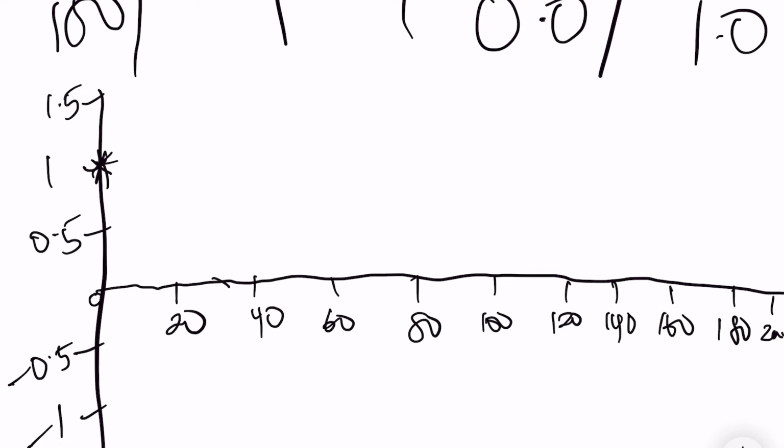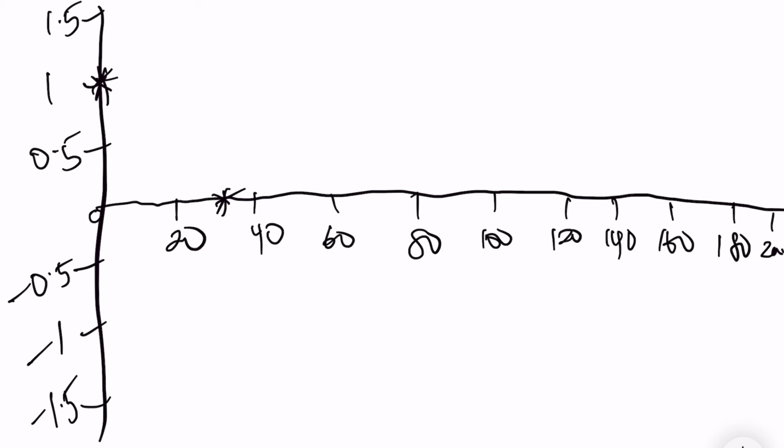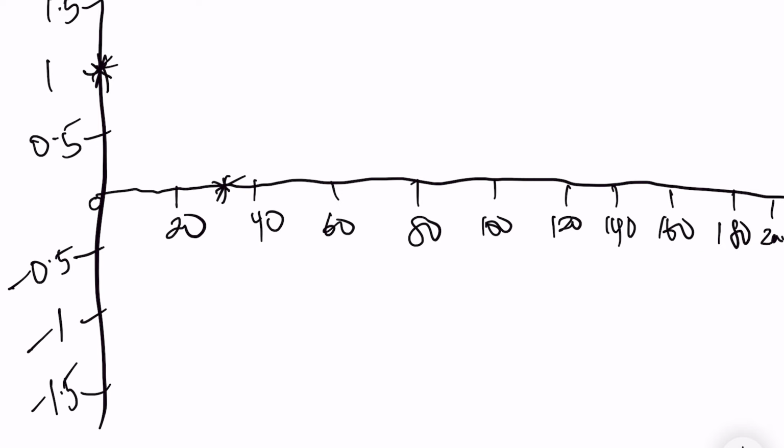At 60, we have it to be minus 1.37. So we can just extend this part.